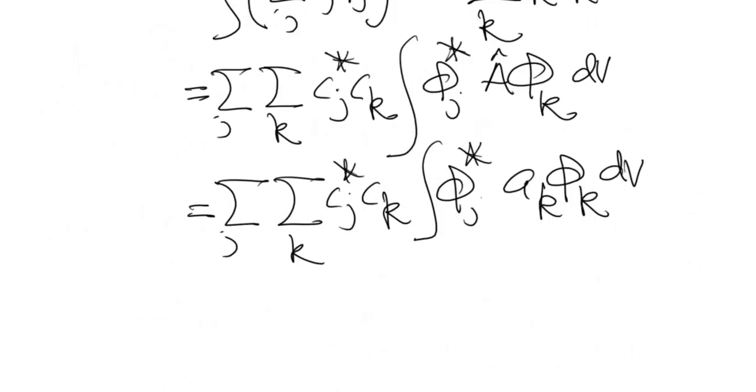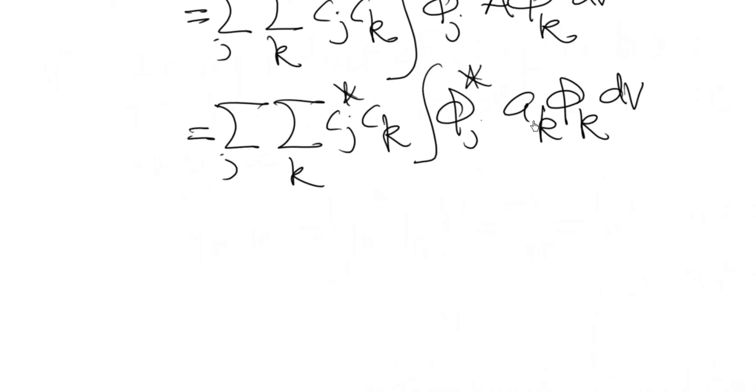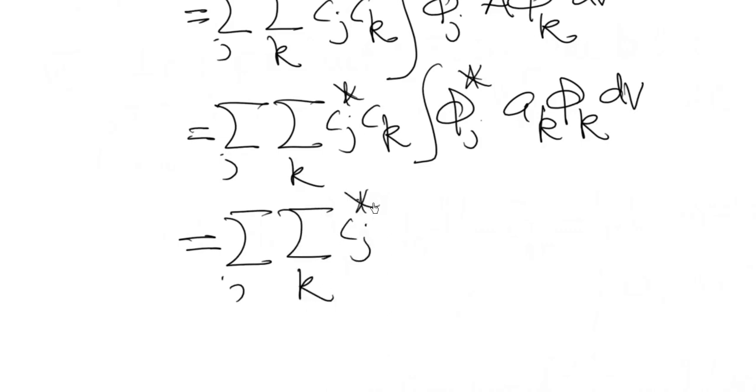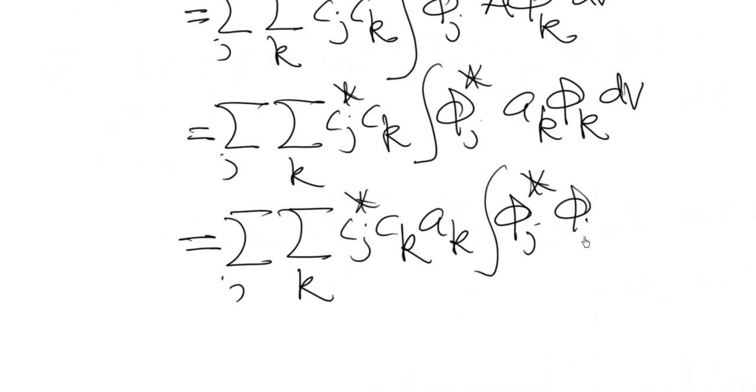Now a_k is the eigenvalue, so we can bring that also outside the integral sign. And we are left with this integral, which is nothing but the inner product of phi j and phi k.